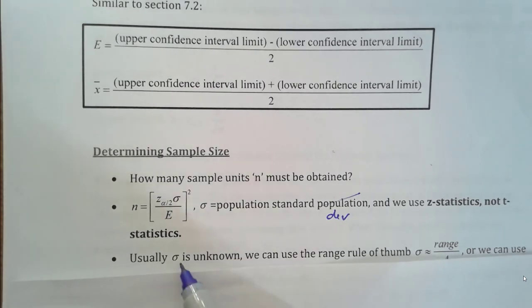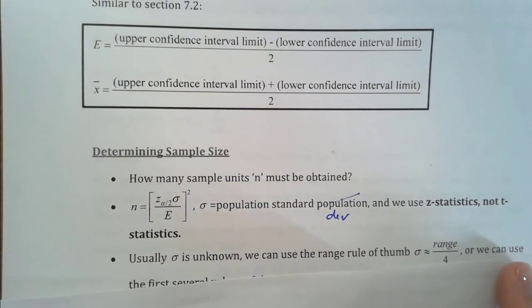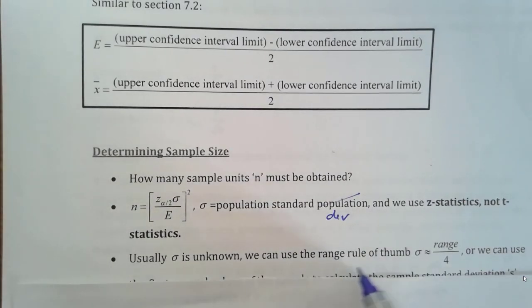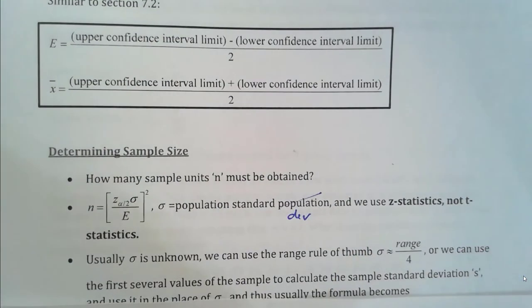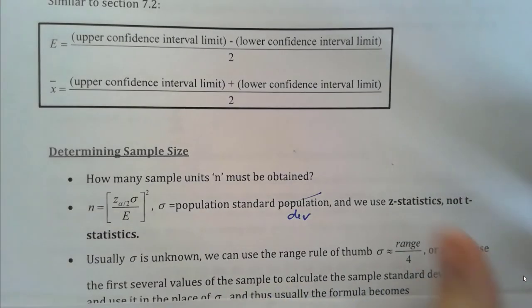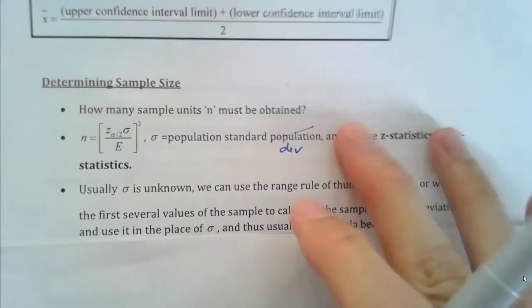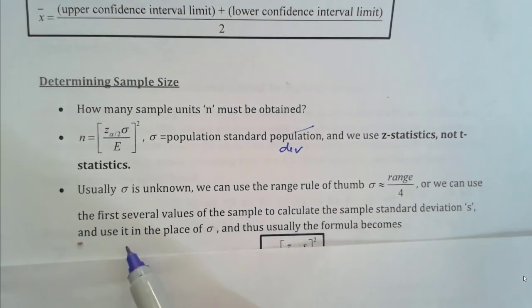But usually sigma is not given or is unknown, then we can use the range rule of thumb. Sigma is equal to the range divided by 4. Or we can use the first several values of the sample to calculate the sample standard deviation s, and then we use that in the place of sigma.